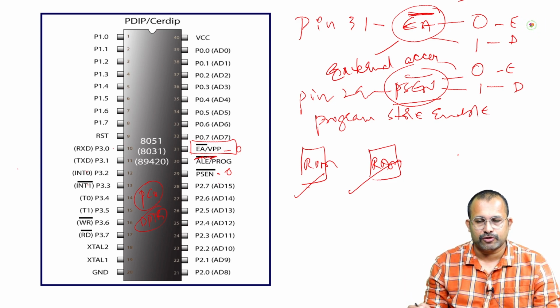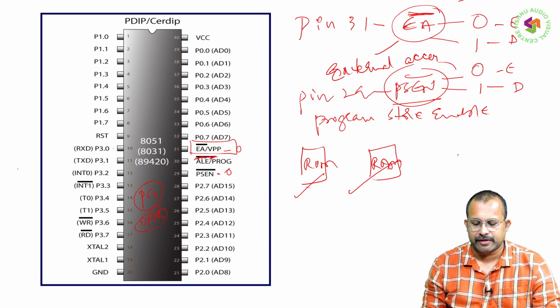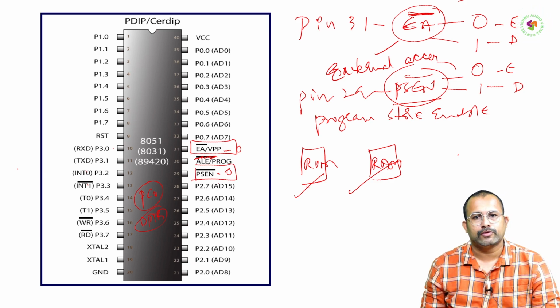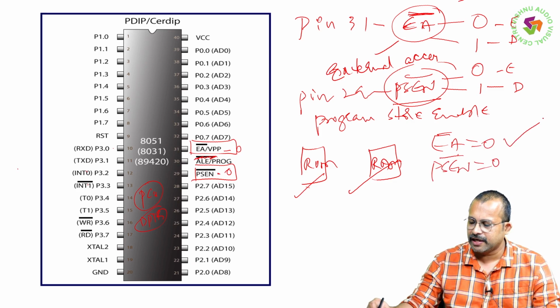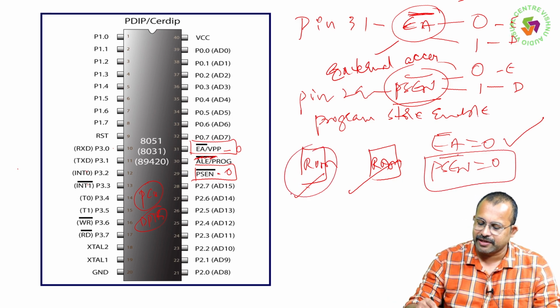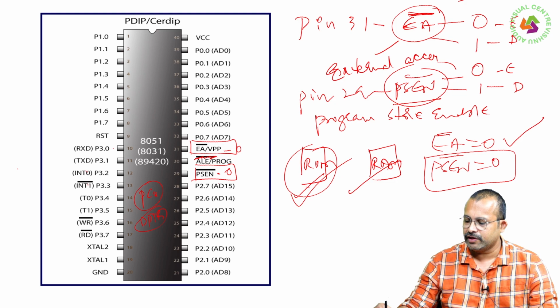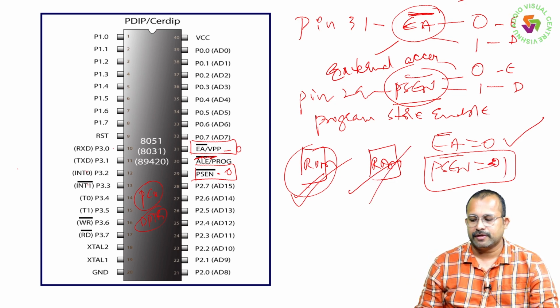But to know precisely which memory is being accessed, that is defined by program store enable. If EA bar is 0 and PSEN bar is 0, external ROM is being accessed. If this one is 1, RAM is being accessed.